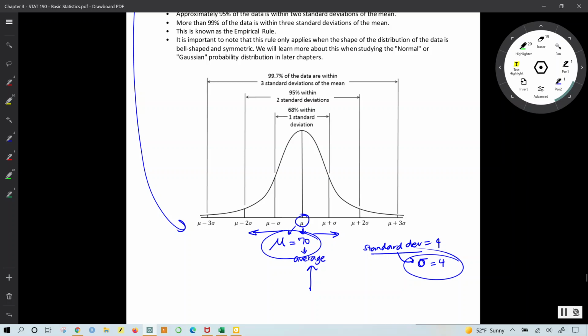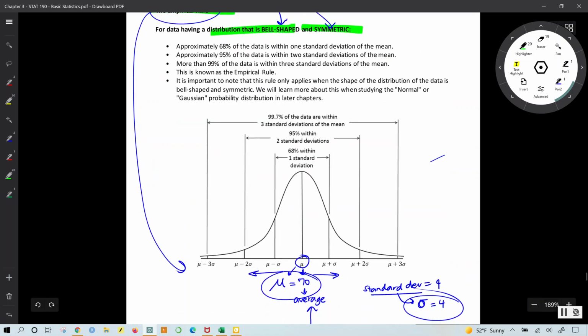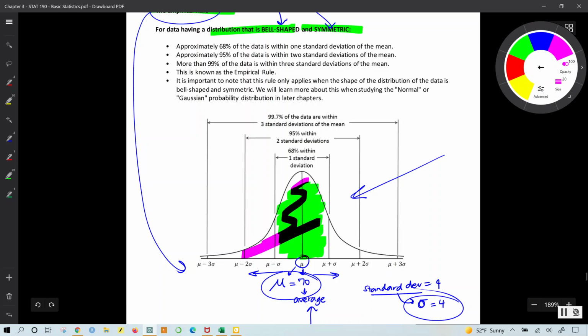So what do we do? We can use the empirical rule for distributions that have a mound-shaped distribution to approximate how many of male heights are within one standard deviation of the mean, or are within 2 standard deviations of the mean, or are within 3 standard deviations away to the left or right of the mean.